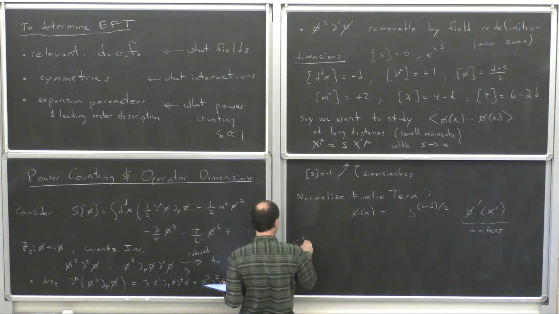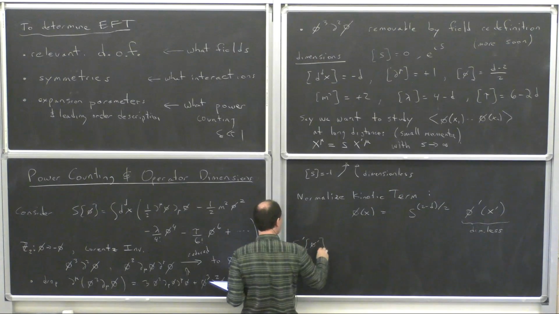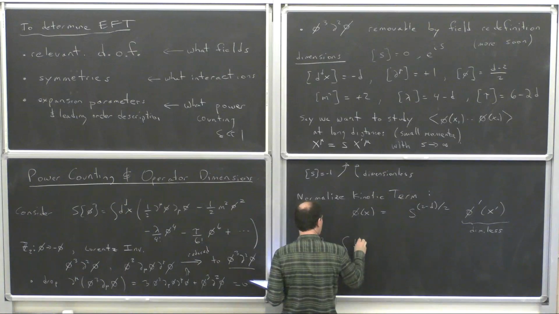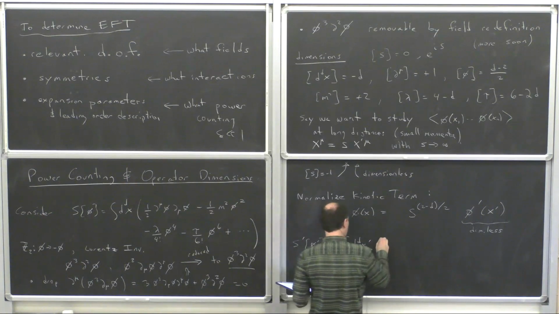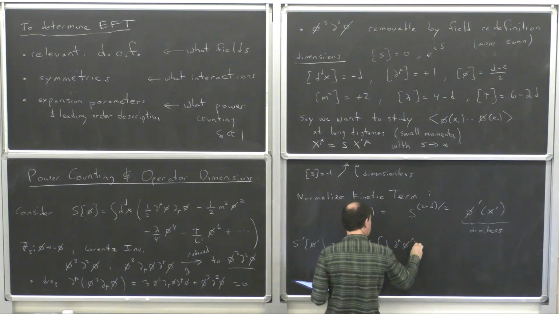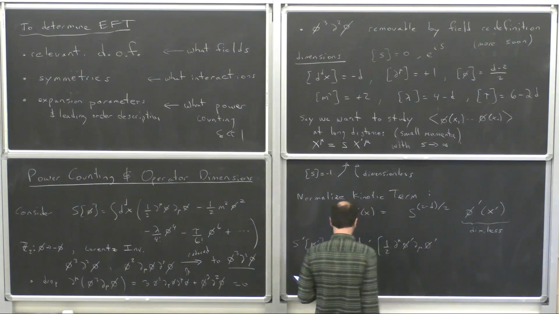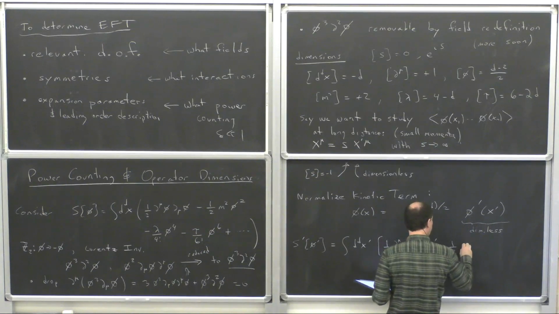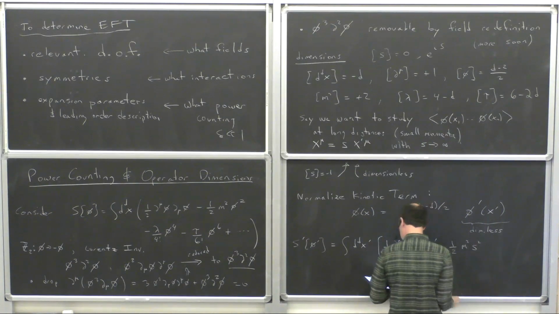Okay, so we just go through and we do that. We get a new action that's a function of phi prime, and we have an integral over x prime. And we changed variables so that this first term just involves phi prime. And then when we go through the rest of the terms, we're going to see various s's appear.